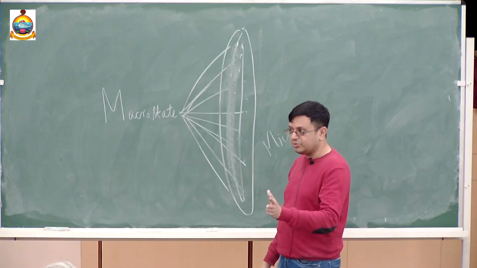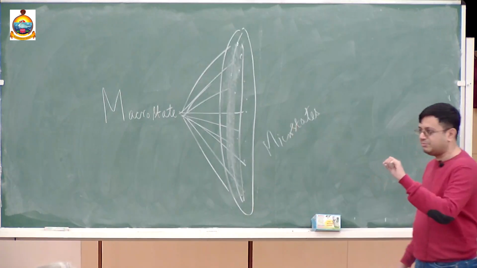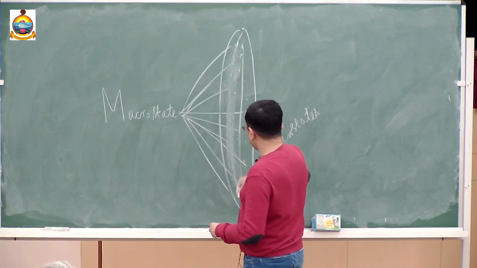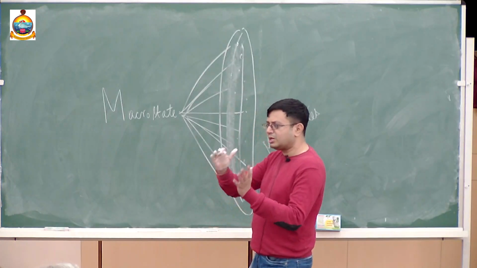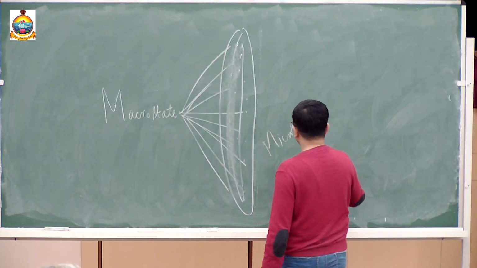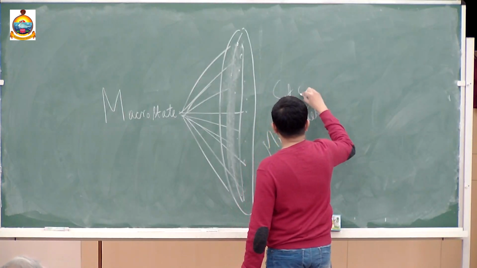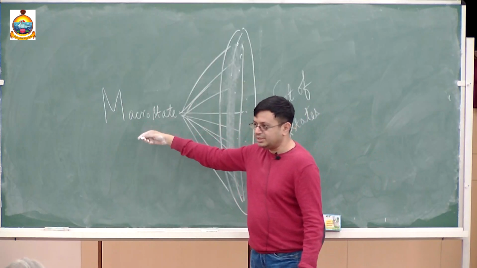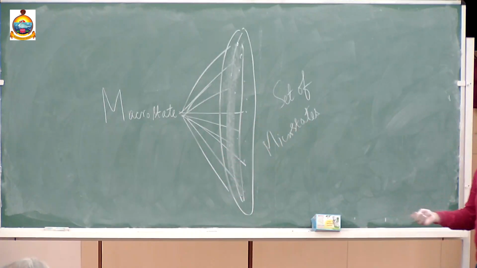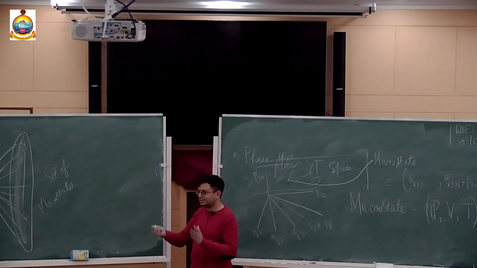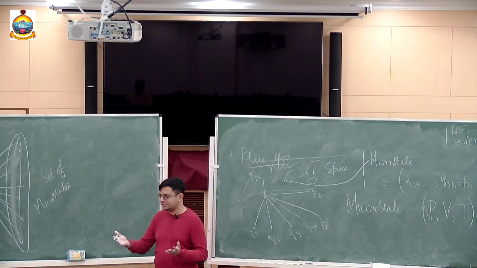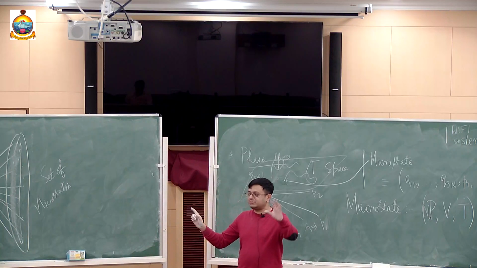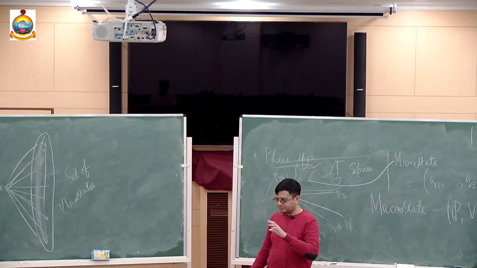So it could be here or there or here; all these possibilities are consistent with the given macrostate. This set of microstates consistent with the given macrostate is called an ensemble. Ensemble just means a collection, but it's not a random collection. I have to list only those microstates which are consistent with the given macrostate.